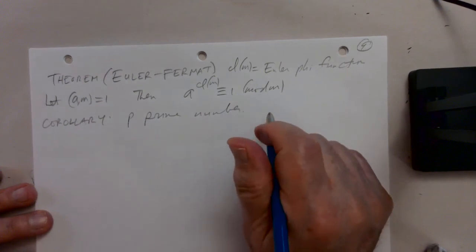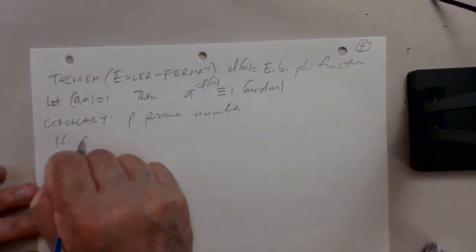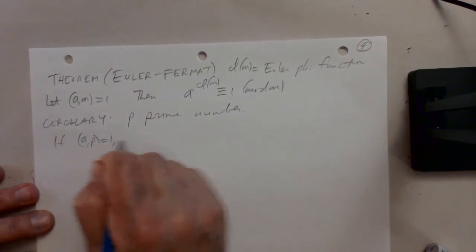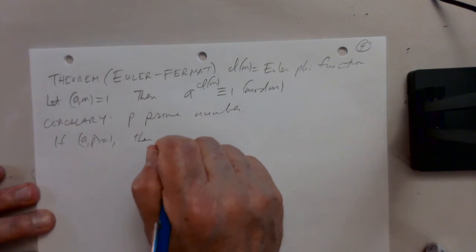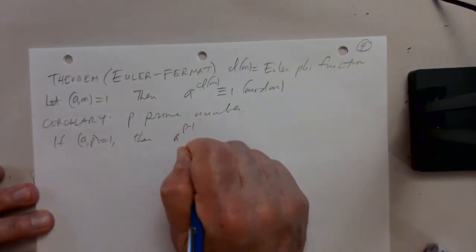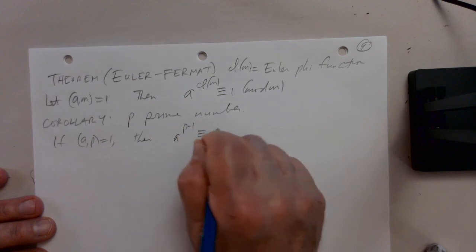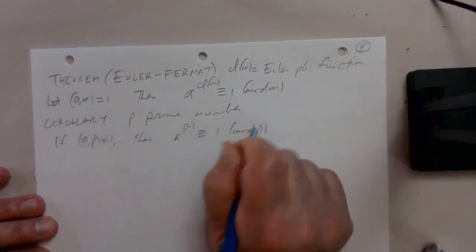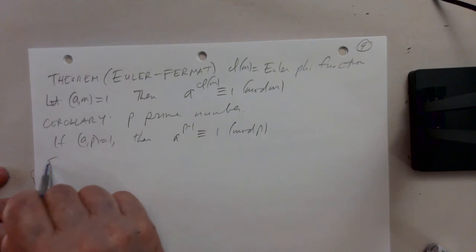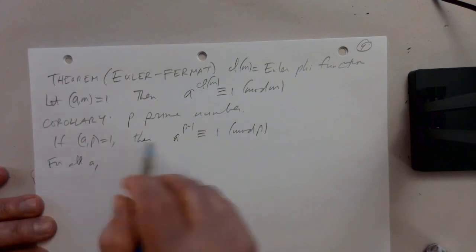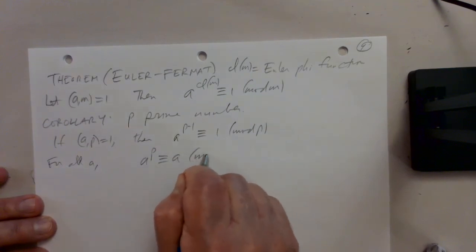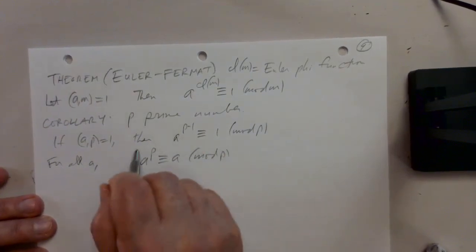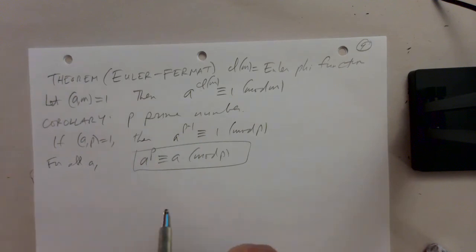If P doesn't divide A, if A and P are relatively prime, then A to the power P minus 1 is congruent to 1 mod P. And so for all A, A to the P is always congruent to A mod P. So this is a very beautiful, very famous theorem in algebra.